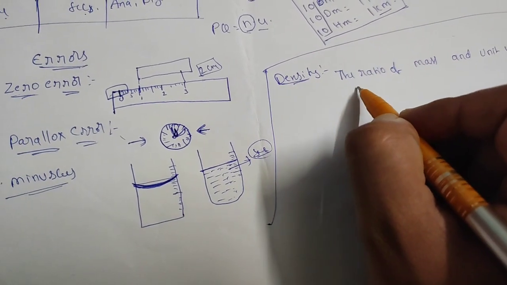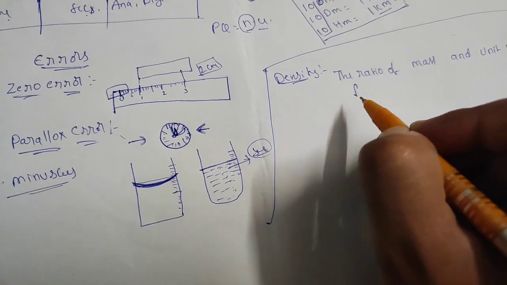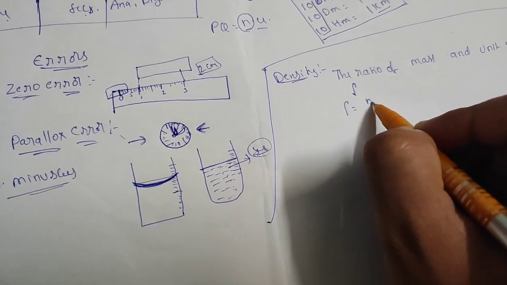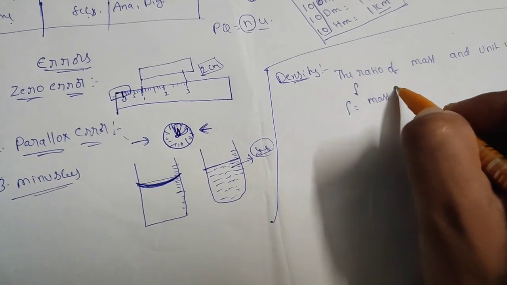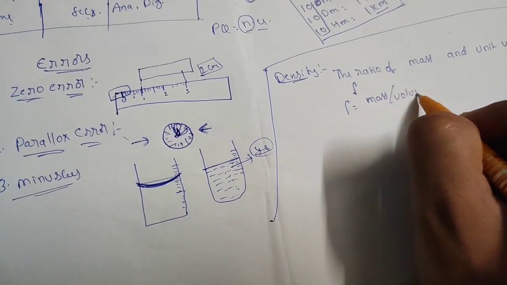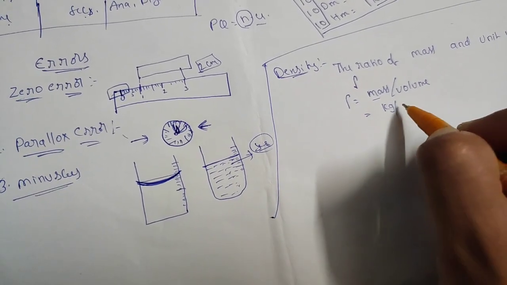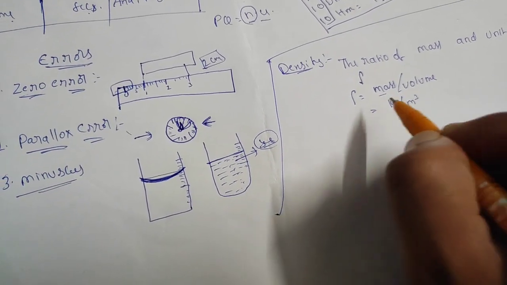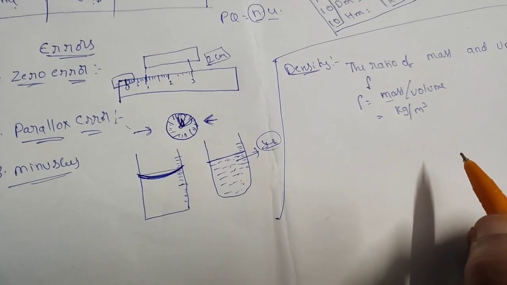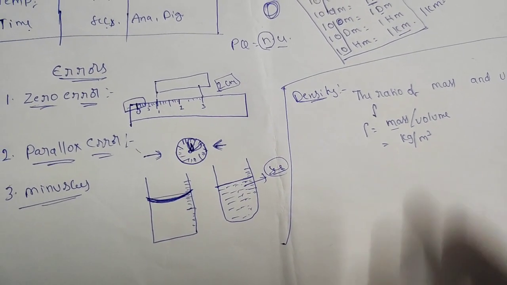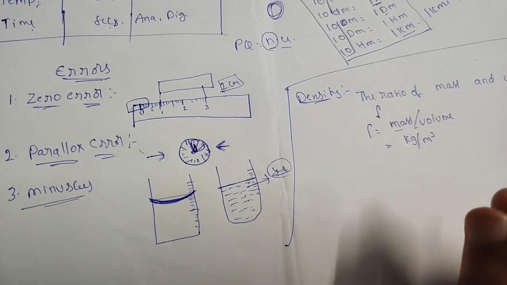It is indicated by rho. Sometimes we will write it like this. So density is equal to mass by volume. The unit for mass is kg, the unit for volume is meter cube. So the unit for density is kg per meter cube. Very important. You need to be cautious and focused on this particular one.